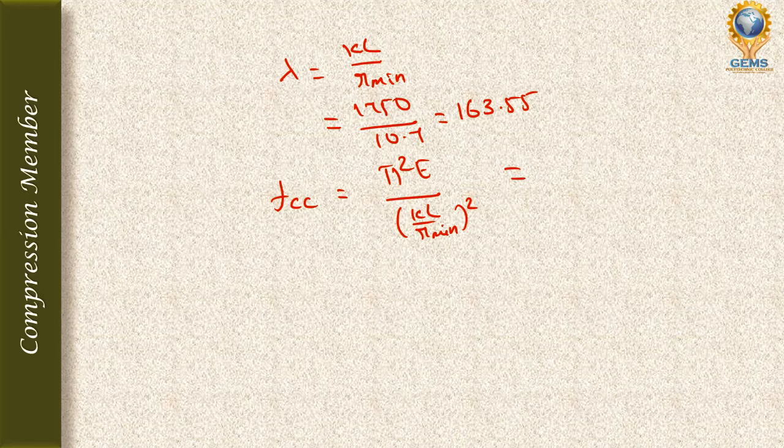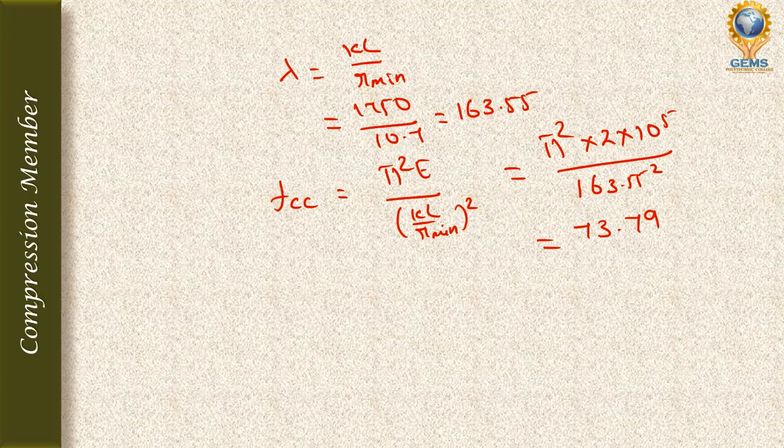Substituting, pi square into 2 into 10 to the power 5 by 163.55 square. So our FCC value is 73.79 Newton per mm square.